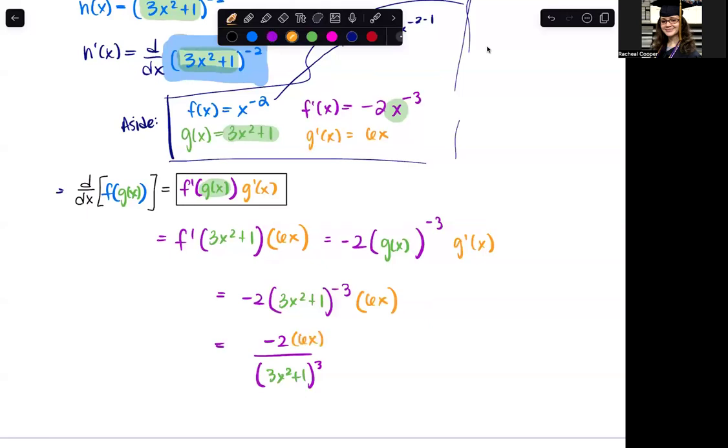So the best final answer would be negative 2 times 6, negative 12x, divided by the expression 3x squared plus 1 cubed. And again, I encourage you as Calculus 1 students to leave denominators as is. Only simplify them if you're absolutely certain in a moment as you work through this algebra that you absolutely need to.